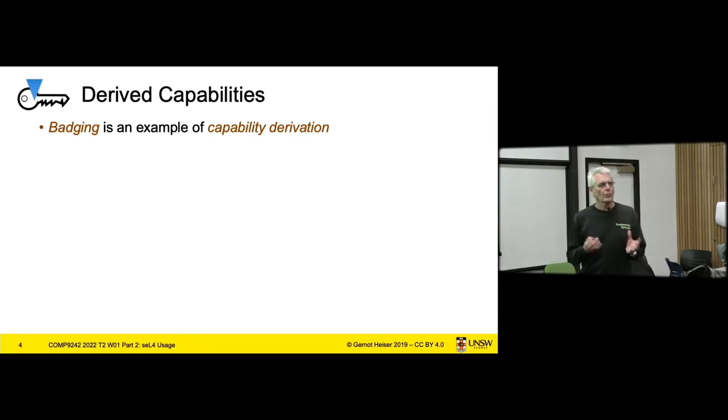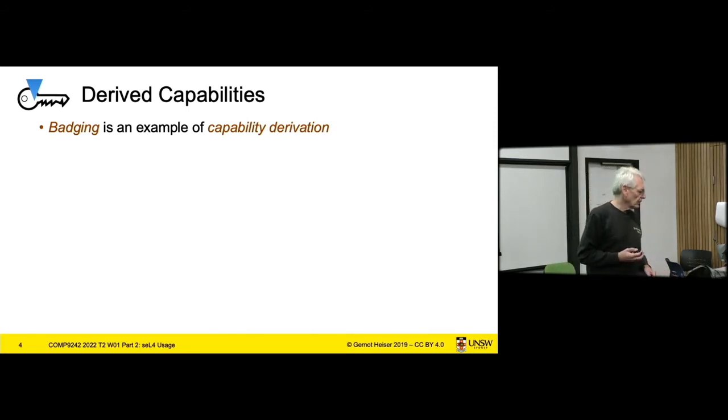The other thing is operations on capabilities themselves, and this is the capability derivation operations. We've seen one of them, badging. I introduced badging as a way of stamping a capability so you can recognize it again. And that's used by servers to distinguish between different clients and associate client state with clients.